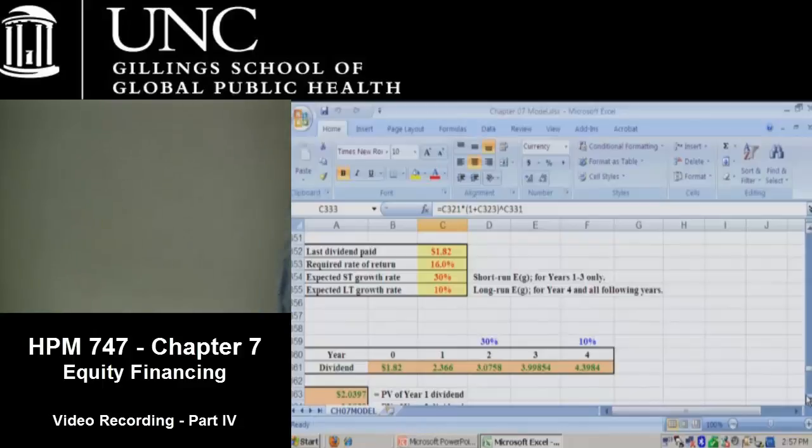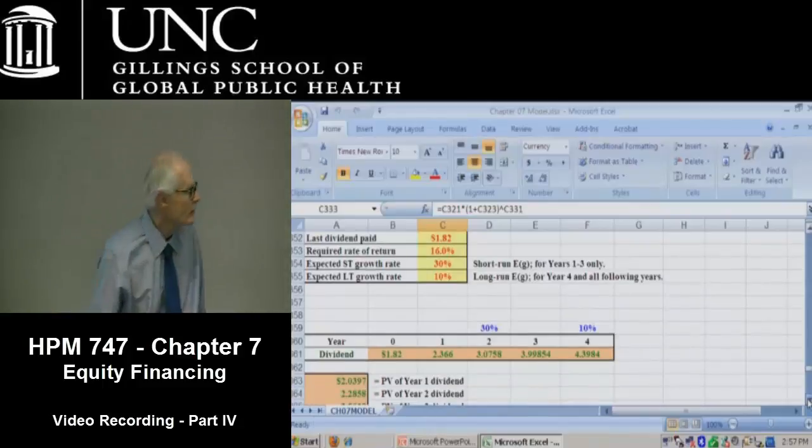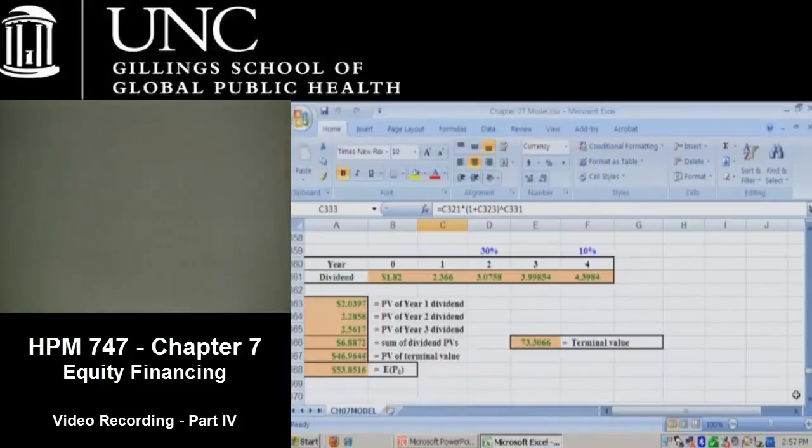Because essentially you're going to get different dividends. These dividends are growing at 10% per year. And then from year 4 after, it'll grow at a lower rate per year. So the way you handle that is you find the present value of the first 3 dividends, you sum that, and you find the present value of the terminal value, which is up here.